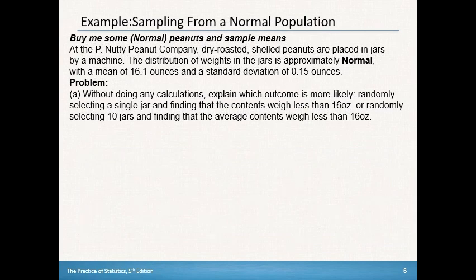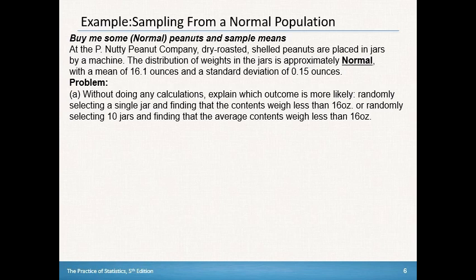All right, let's look at an example here. At the Peanut Company, dry roasted shelled peanuts are placed in jars by a machine. The distribution of weights in the jar is approximately normal. So that's telling us that the population distribution is normal. It's giving us a mean of 16.1 ounces and a standard deviation of 0.15 ounces.